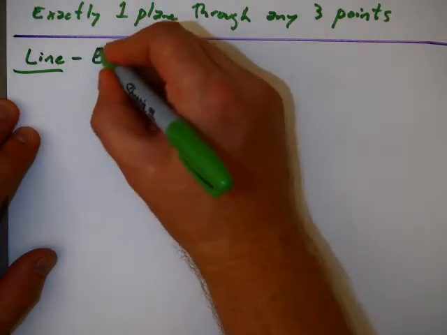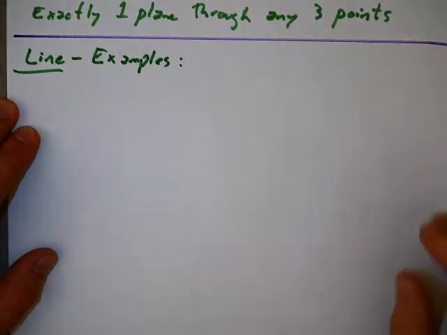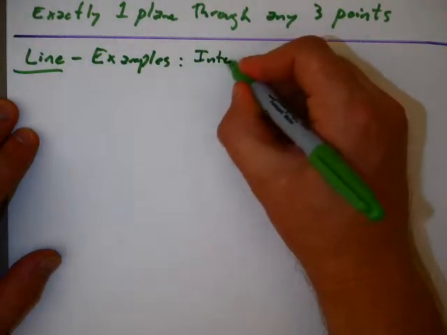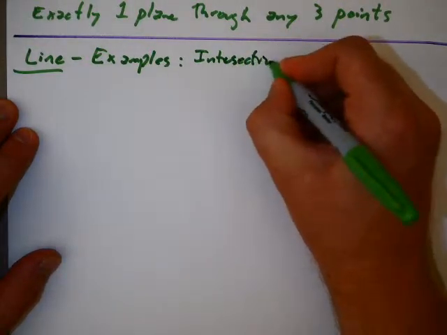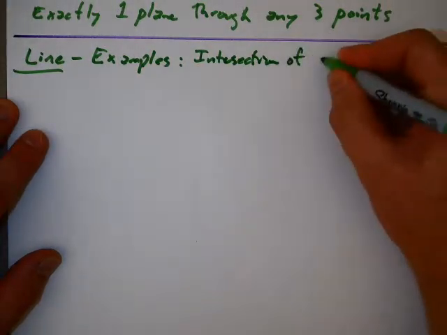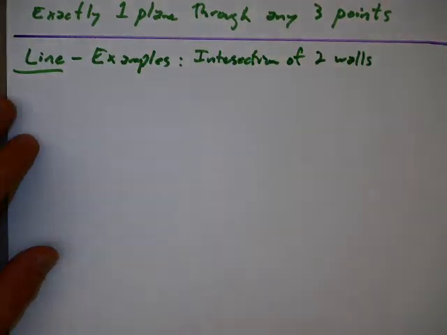I like to say that it's the intersection, let's say, of two walls. So it's the corner. If you look over at the corner, that makes a line.